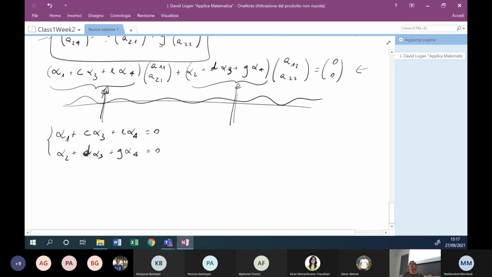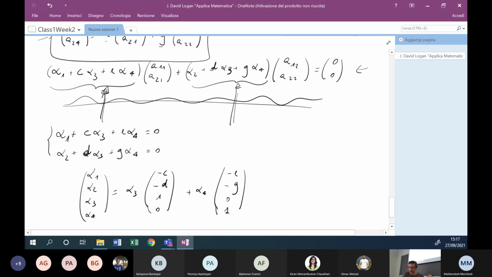There's a D missing, yes. If I'm solving this in terms of alpha 3 and alpha 4, I get alpha 3 times minus C, minus D, 1 and 0, plus alpha 4 times minus E, minus G, 0 and 1.